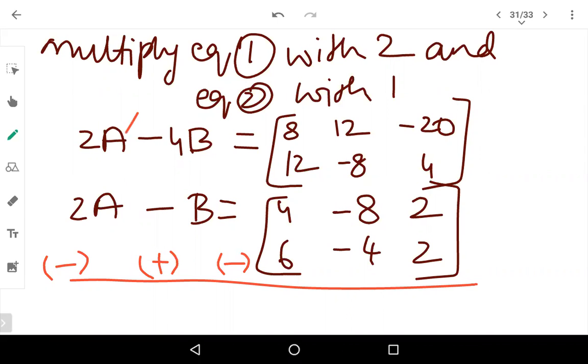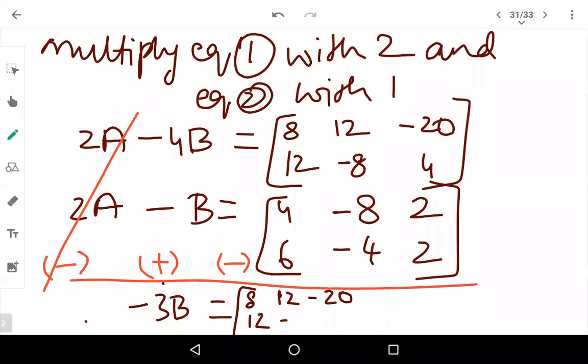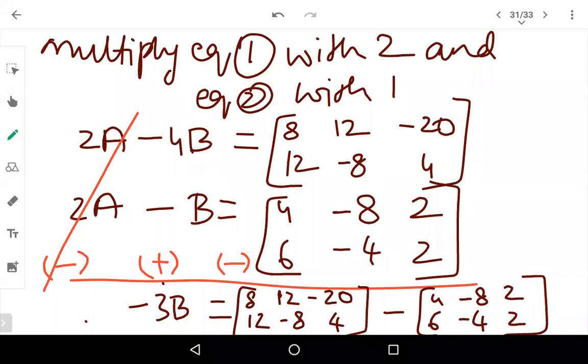Now in this I can cancel 2A. If I cancel 2A, what is remaining with me? Minus 4B plus B will give me minus 3B. And then I have to subtract these two matrices. I am taking down both the matrices just like that and putting a minus sign.